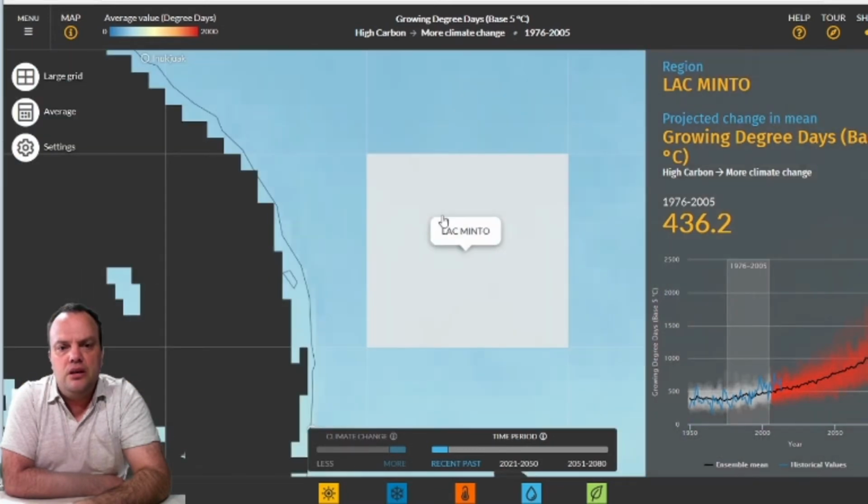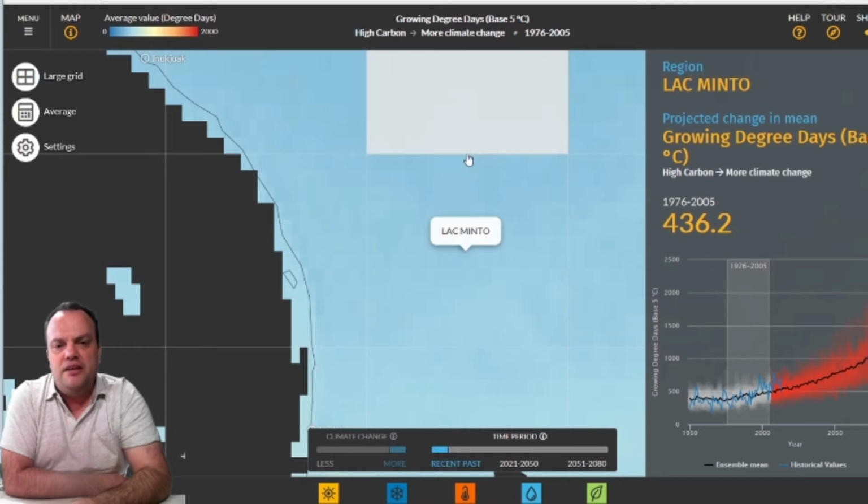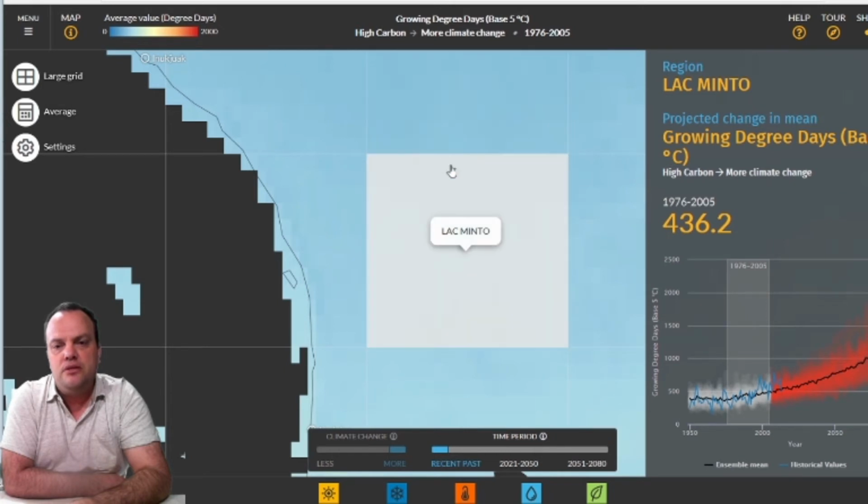So I would estimate that the 400 line will be about at the border of these two squares here.